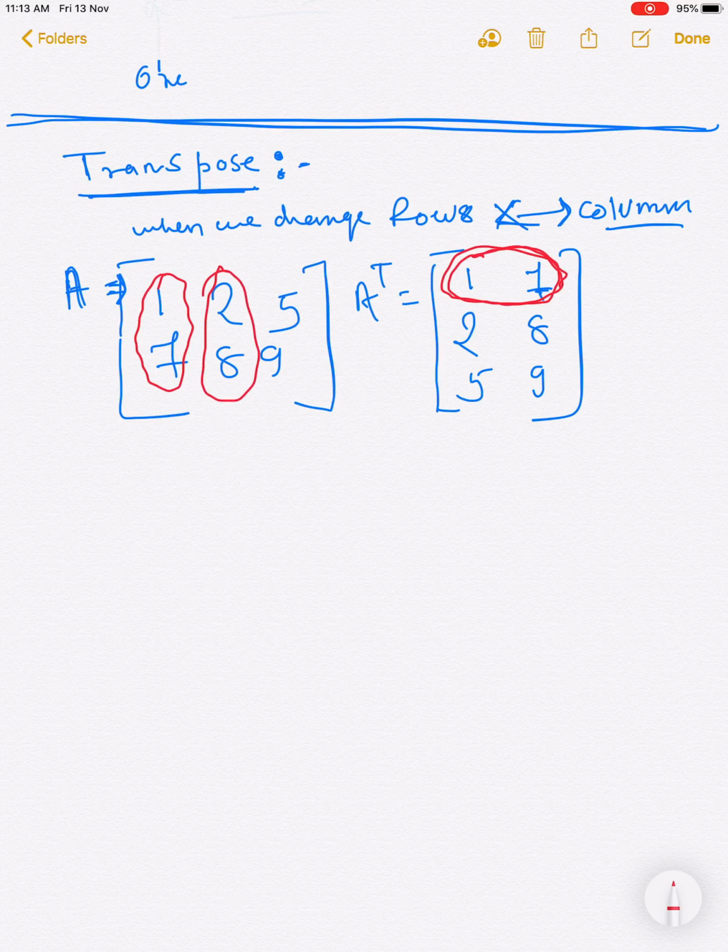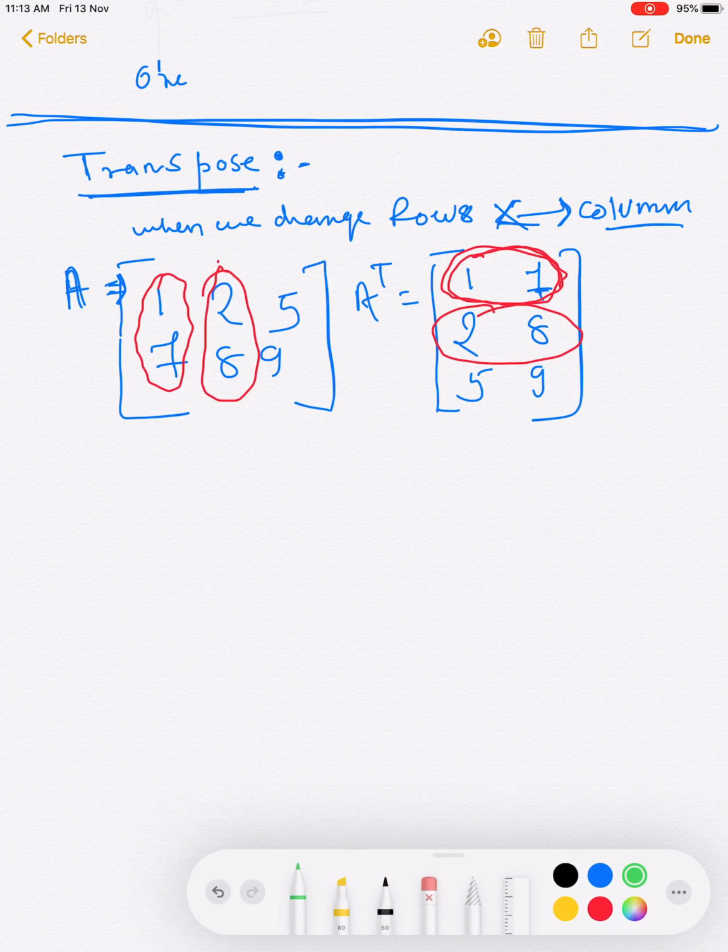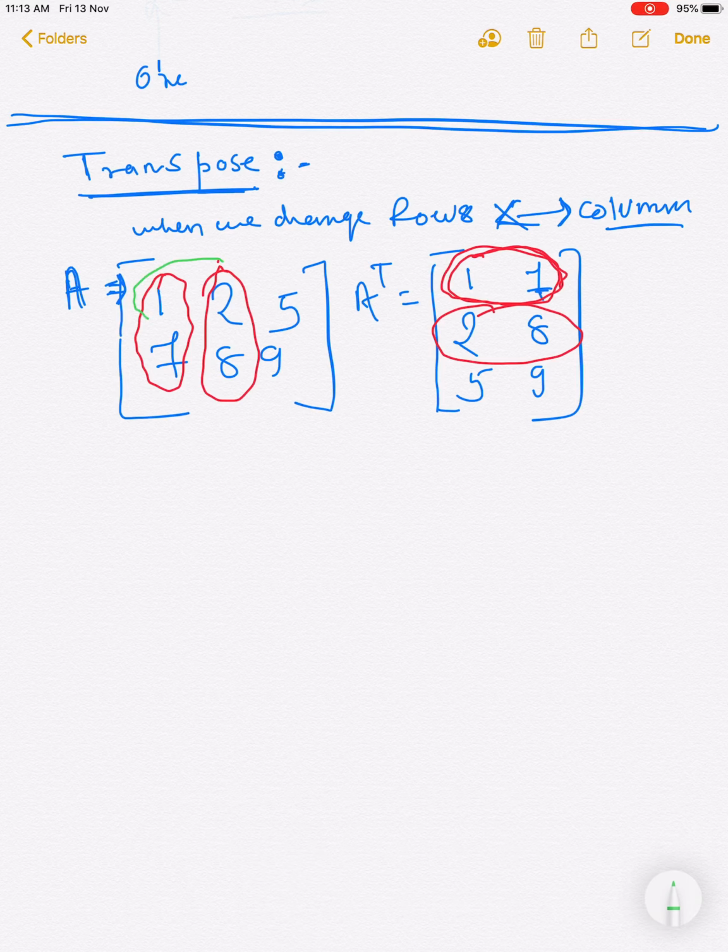The second column takes the position of the second row of A transpose. And with another color, green, this row comes into the first column of A transpose. So clearly you will see the interchange of rows into columns.